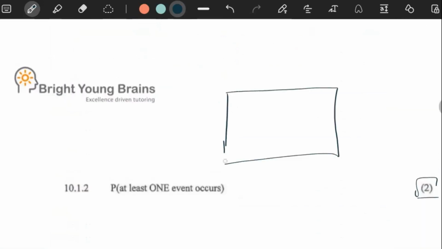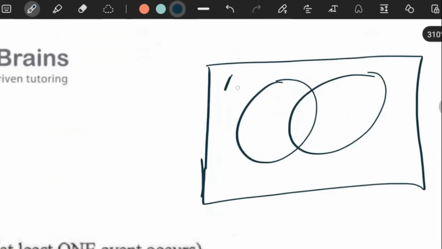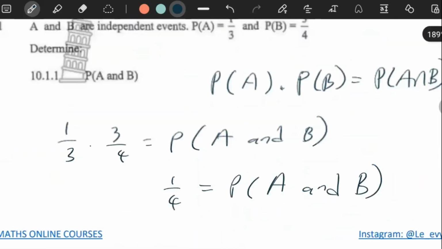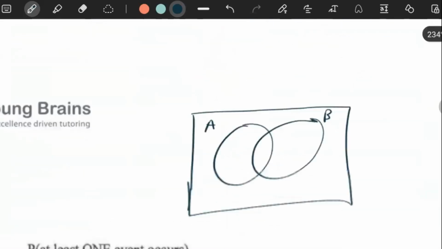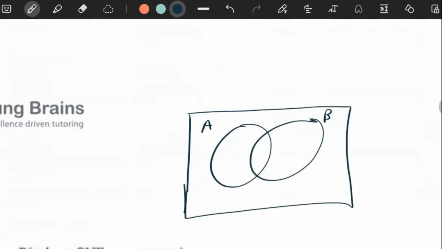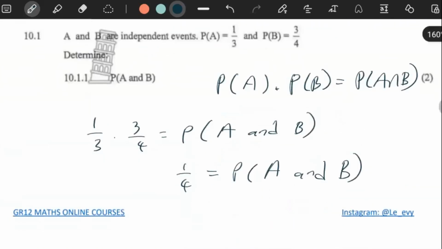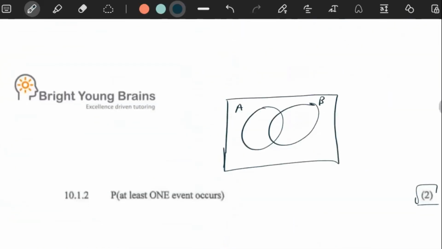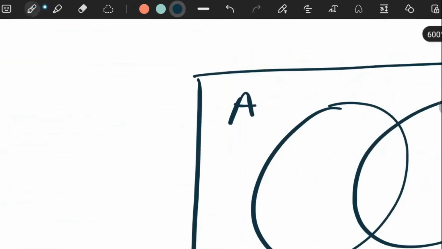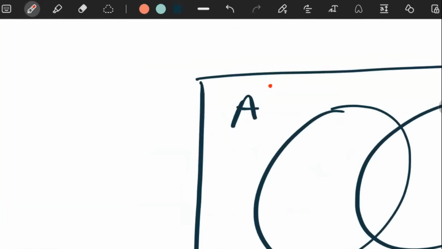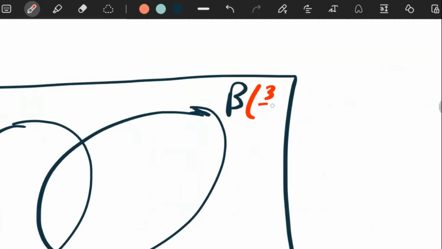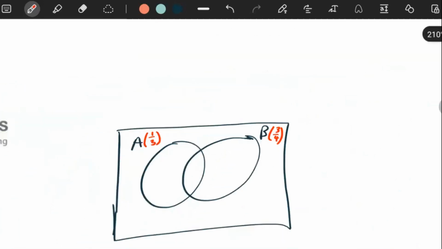If I draw a Venn diagram and put 2 circles, A here and B here, what we do know is the probability of A happening is a third, meaning that this plus this has to give us a third. And the probability of B happening is 3 over 4, meaning this and this has to give us 3 over 4. Everything to do with A has to give us a third in total, and everything to do with B has to give us 3/4.